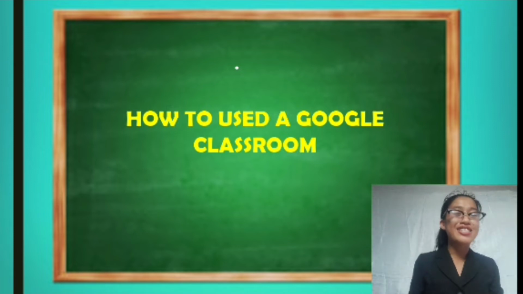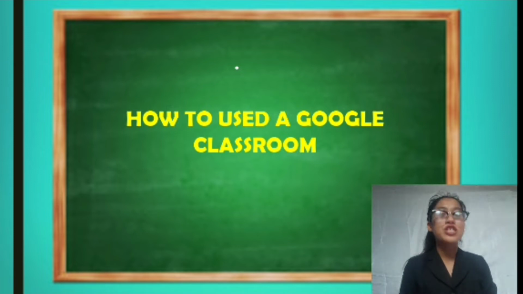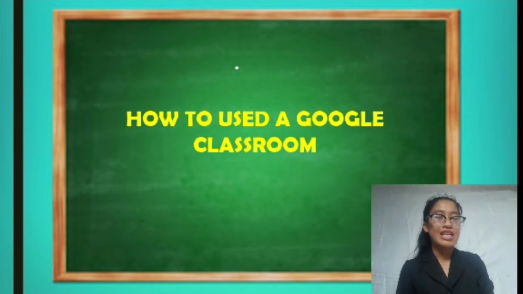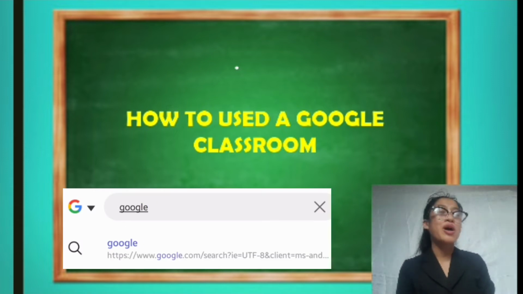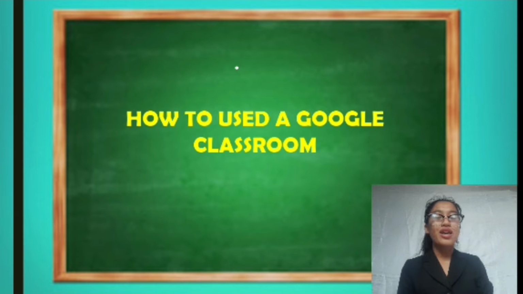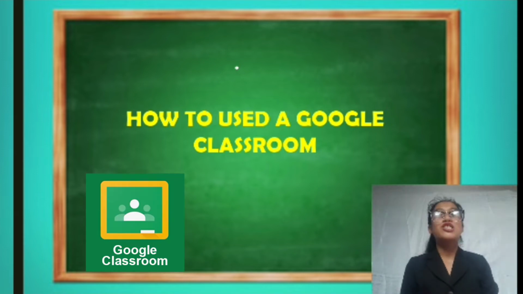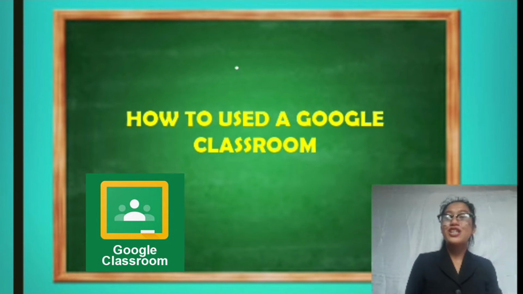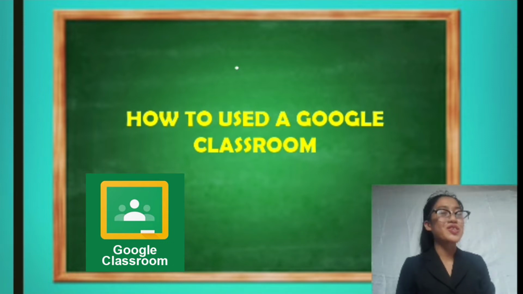Actually, there are two ways to access Google Classroom. The first way is to search for it in our browser, googleclassroom.com, and the second way is to install the Google Classroom application and just open it using your Google account.